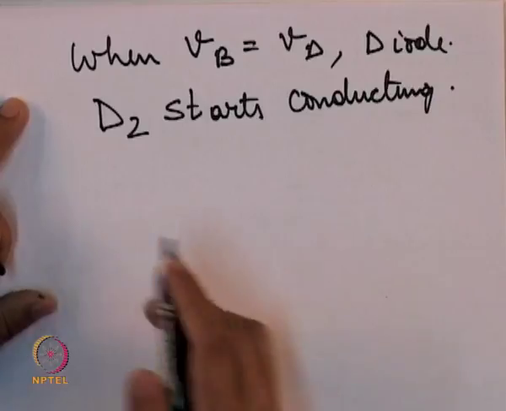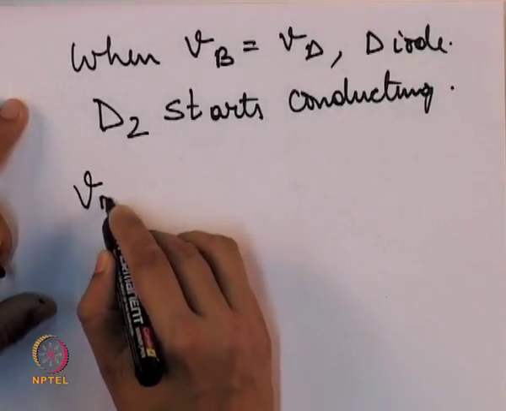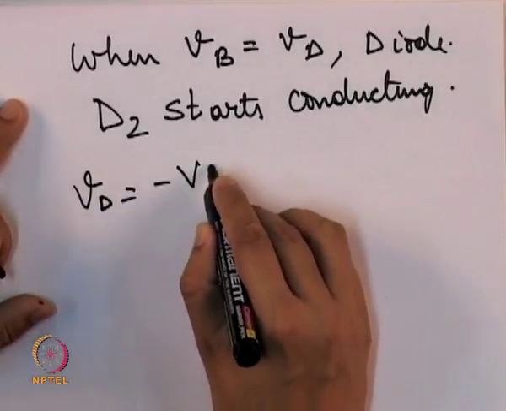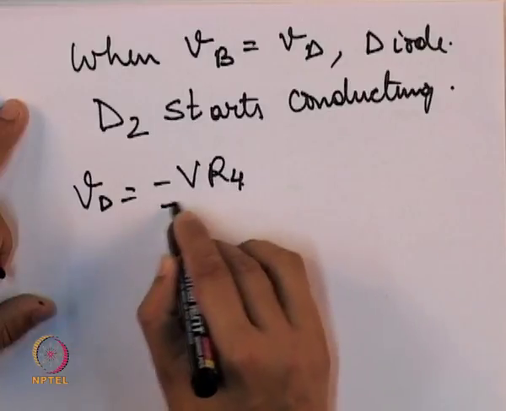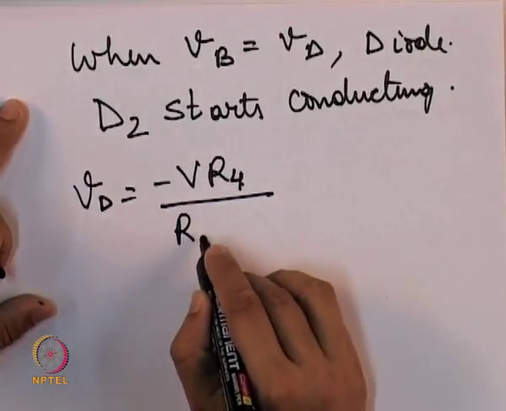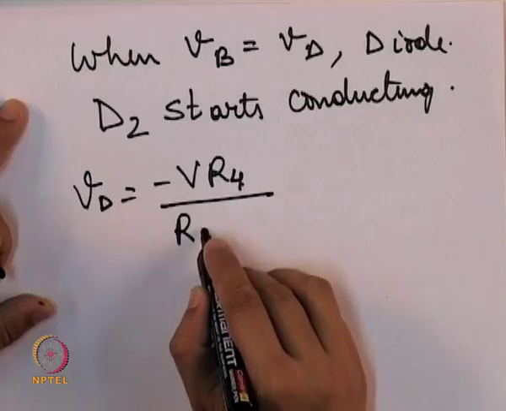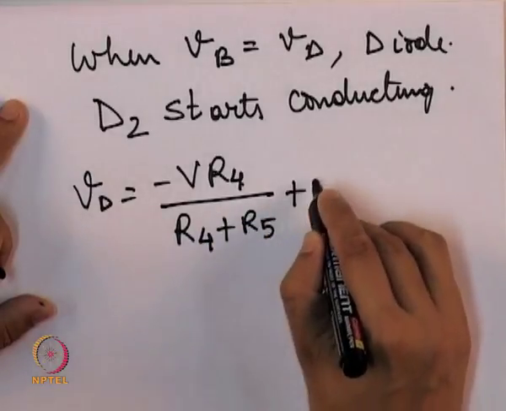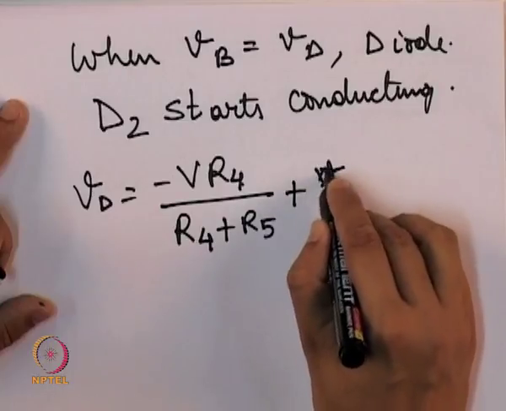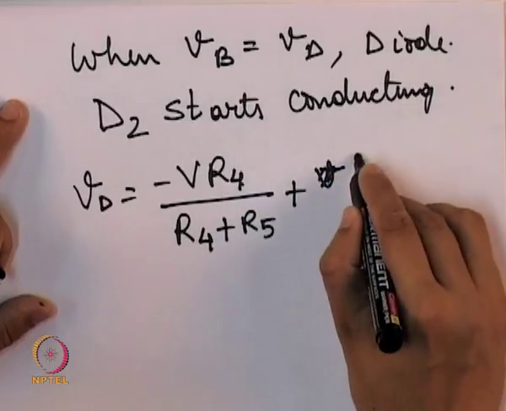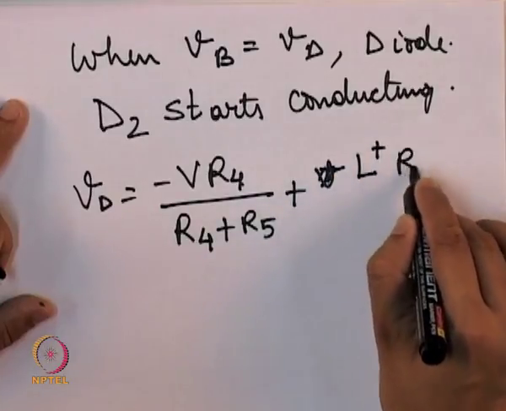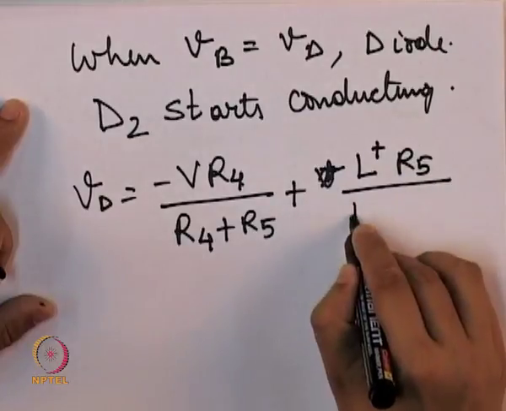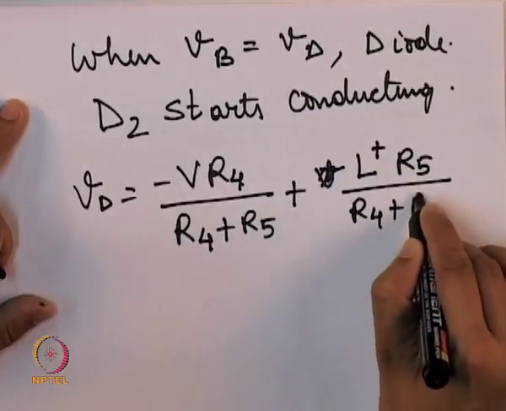Okay. So, then Vd is equal to minus V R4 divided by R4 plus R5 plus, if I call that value of Vo as L plus, L plus R5 upon R4 plus R5.